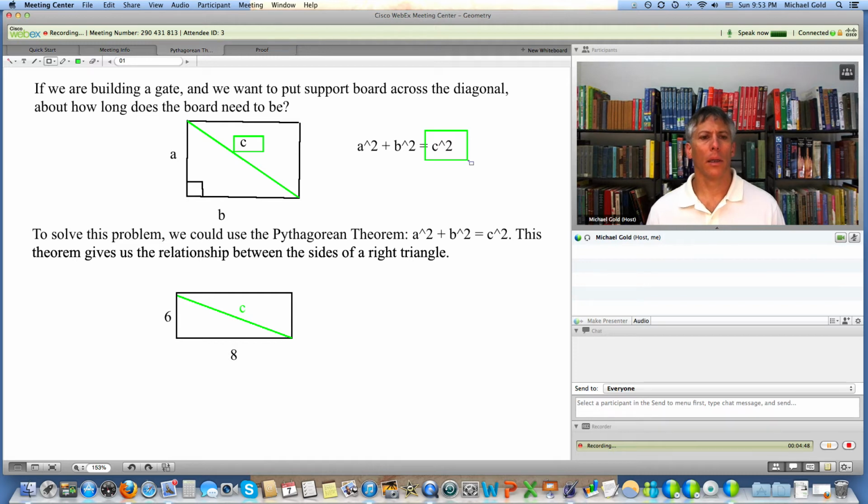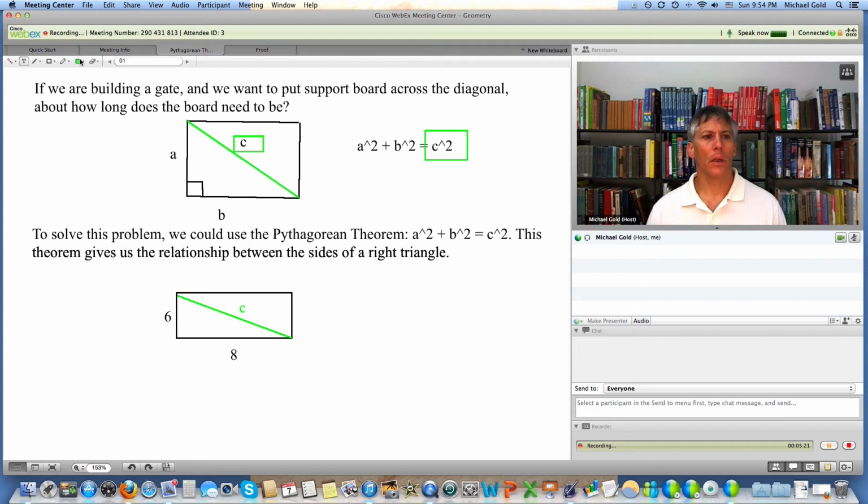Whether you call it A, B, C, D, X, Y, Z, theta, gamma, whatever, the important thing to remember is that the number that's alone on one side of the equal sign that you're squaring is the one opposite the right angle. So if you put your finger on the right angle here, the side you're not touching, the C, is the one that's going to go alone. Important thing to remember, no matter what it's called.